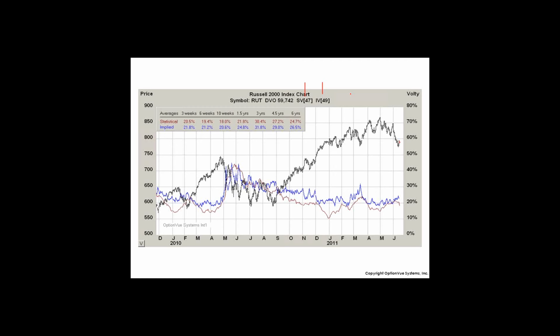Over the course of the life of this chart, however long or short it is, that percentile ranking is saying here that IV 49 means IV in this location has been lower than this 49% of the time, and it's been higher than this 51% of the time.